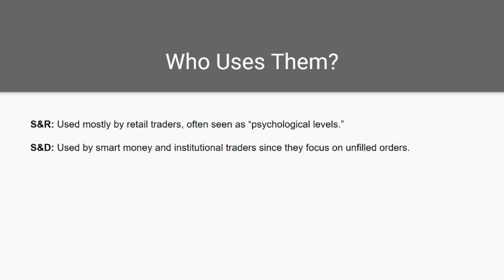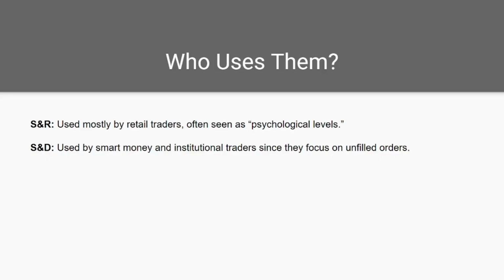So who uses them? Retail traders use support and resistance, and they're often seen as psychological levels. If I was a market maker, don't you think I would want to take their money? Because that's what they're doing. So retail traders use support and resistance, and supply and demand are used by smart money and institutional traders since they're focused on unfilled orders.